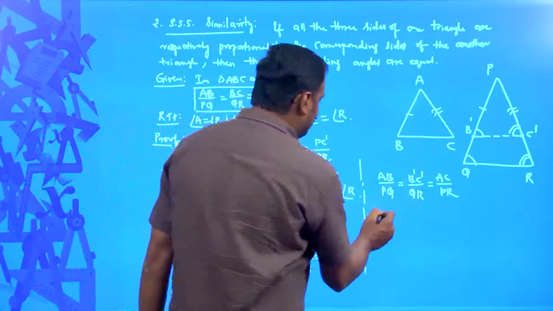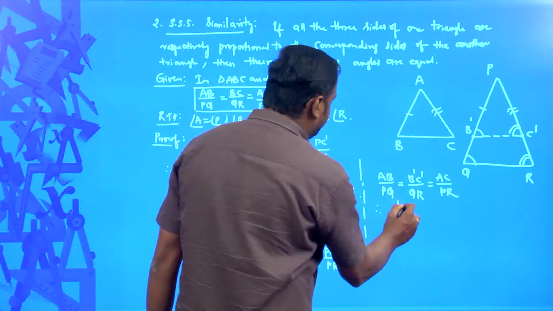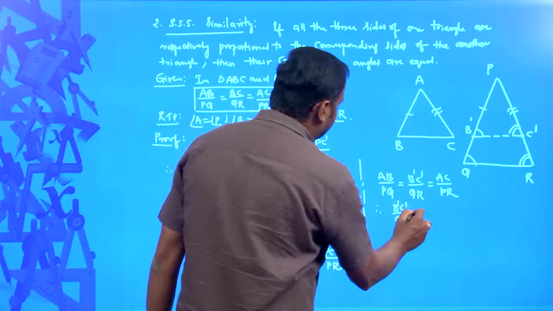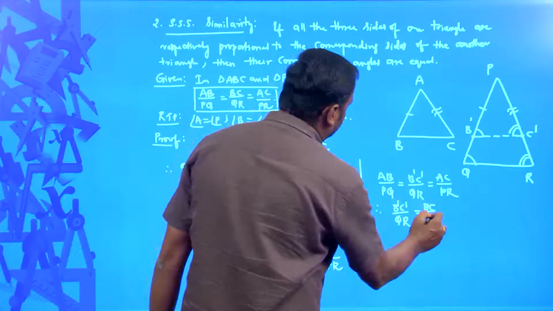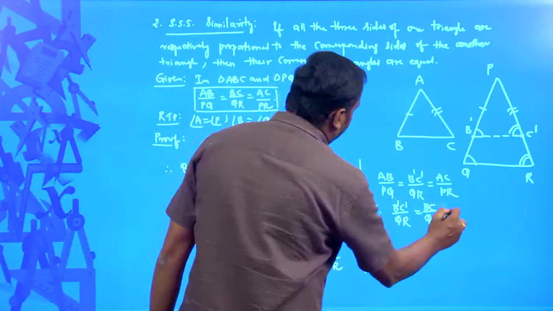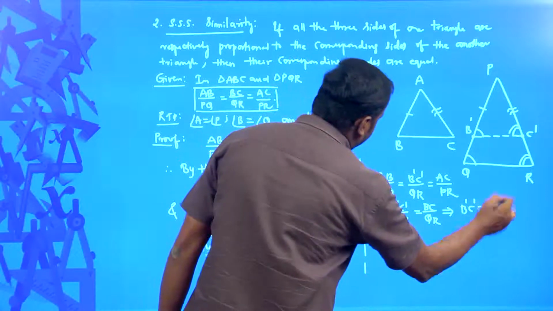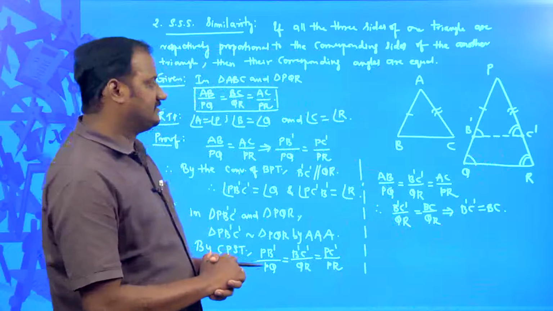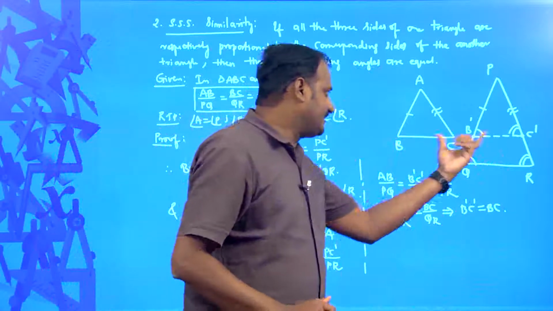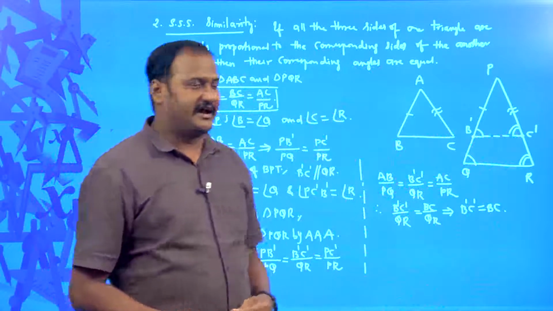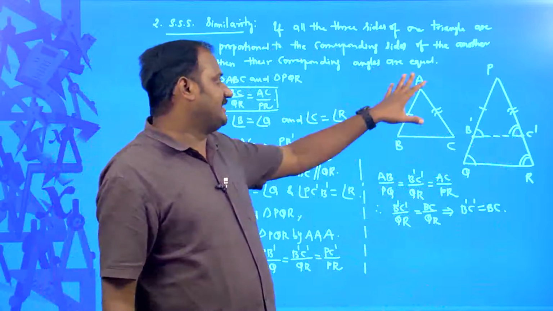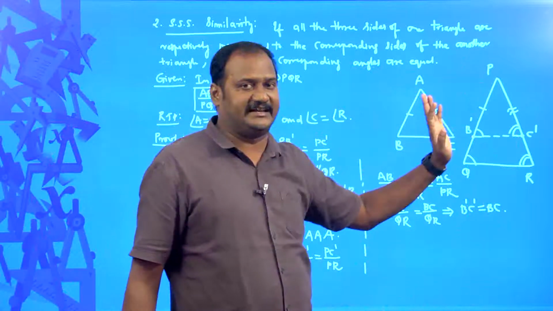So can I say that B'C' by QR is exactly the same as BC by QR? Therefore, we can say that B'C' is equal to BC. So B'C' is equal to BC means this BC and B'C' both are equal. And now what can you infer about triangle ABC and triangle PB'C'?